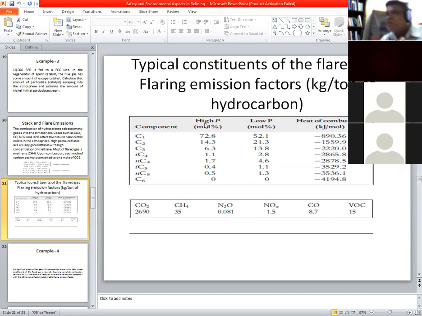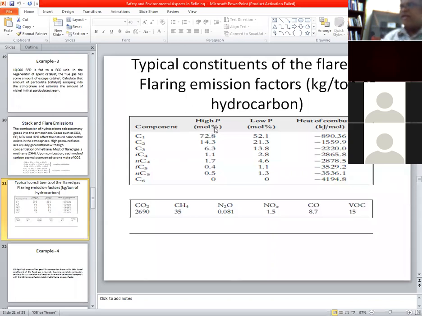The molar flow rate formula is n equals m over molecular weight. So you calculate the molar flow rate.